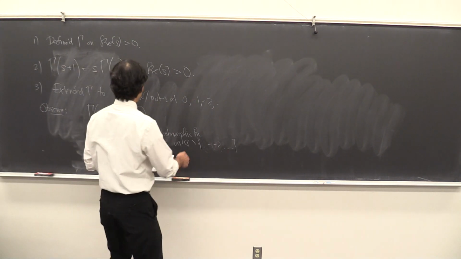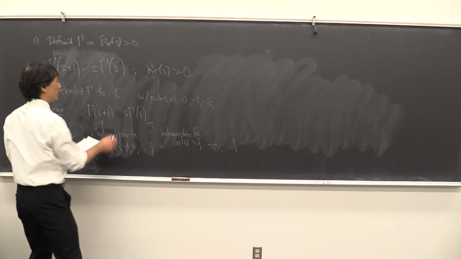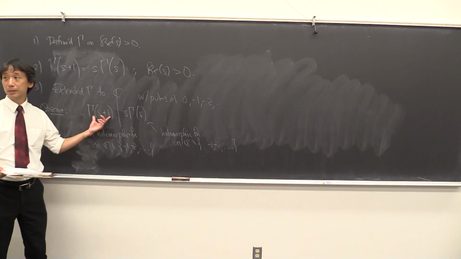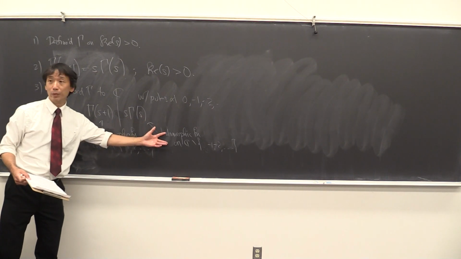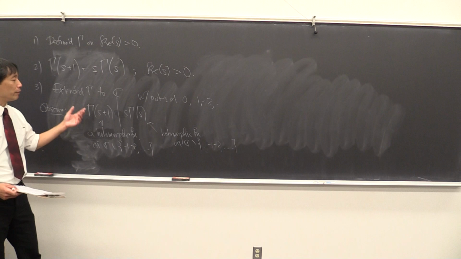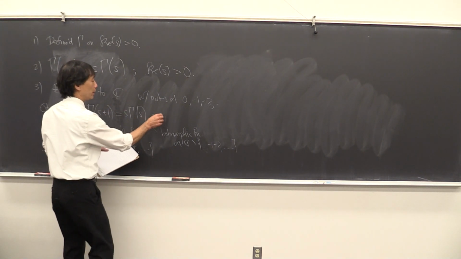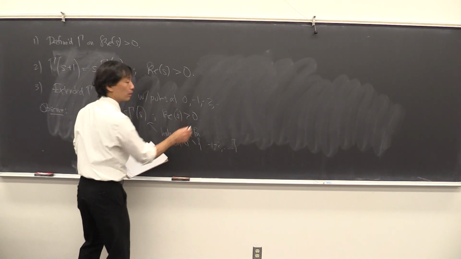Further, considering them independently, this is a holomorphic function on this set, and this is also a holomorphic function on the same domain, right? And further, we know that these holomorphic functions equal each other on the whole right half plane.